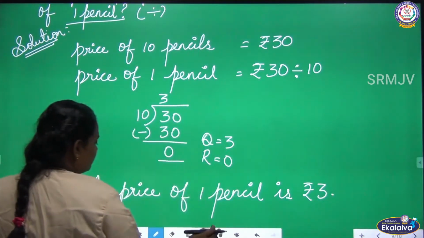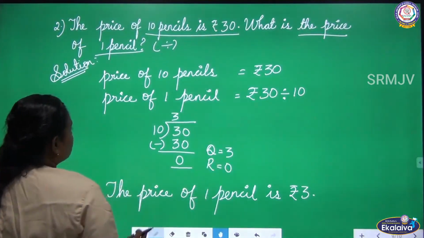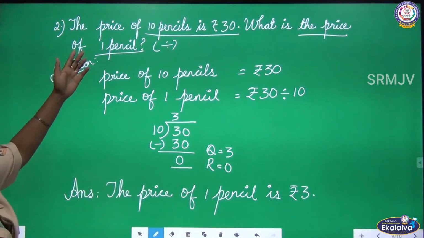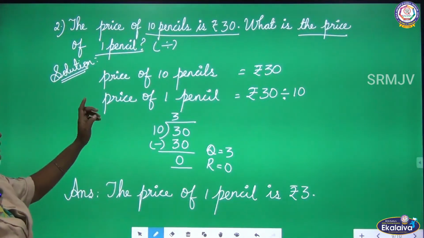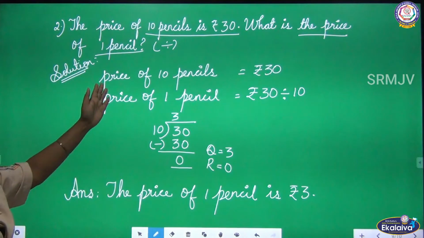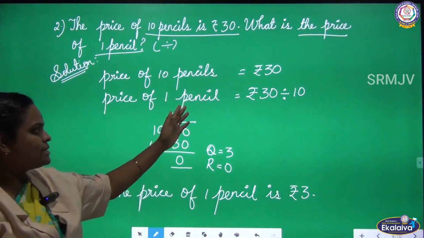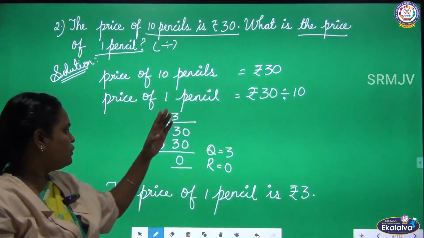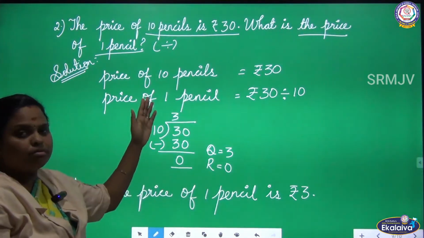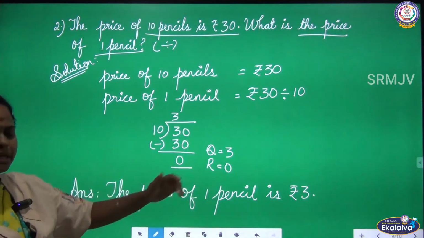The price of 1 pencil is rupees 3. Tell me, children, the price of 10 pencils is rupees 30. What is the price of 1 pencil? First you write the price of 10 pencils is rupees 30. Next, price of 1 pencil equal to rupees 30 divided by 10. If you divide by 10, you will get 3 as the answer. So the price of 1 pencil is rupees 3.